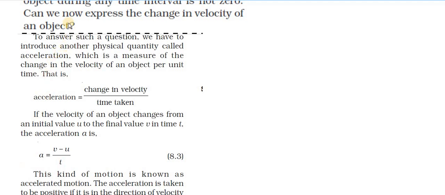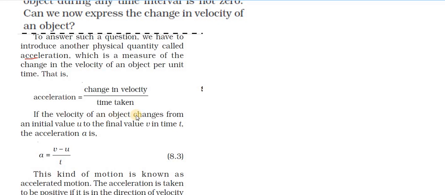To answer such a question, we have to introduce another physical quantity called acceleration, which is the measure of change in velocity of an object per unit time. That is, acceleration is nothing but change in velocity by time taken.